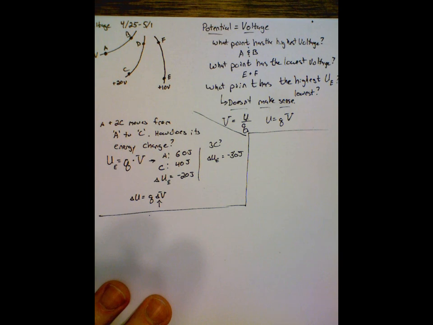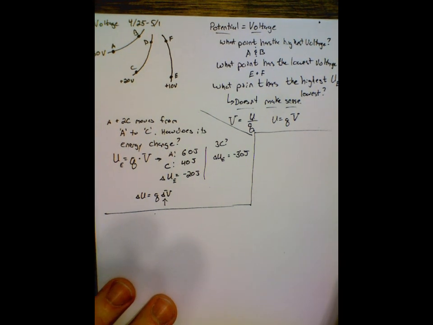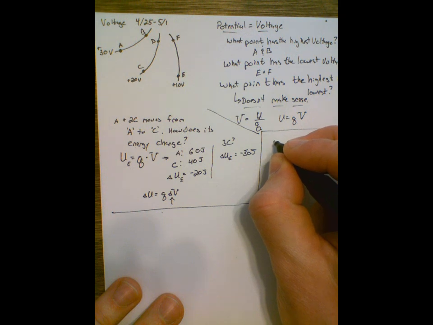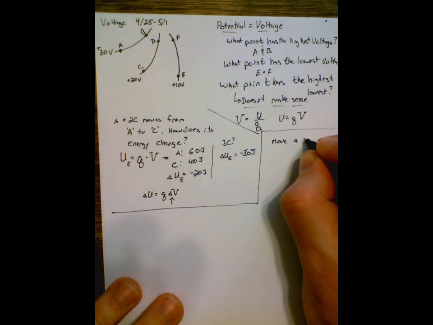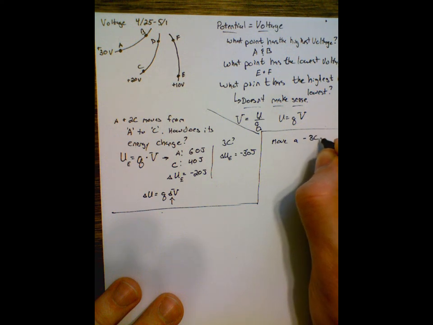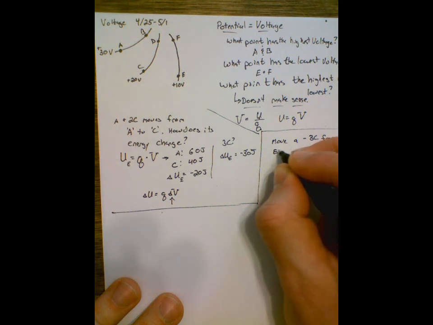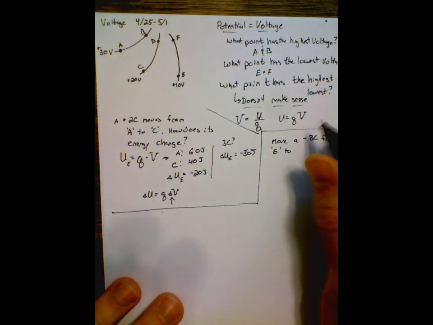All right, same system. What if we moved a negative 3 coulomb charge from E to A?